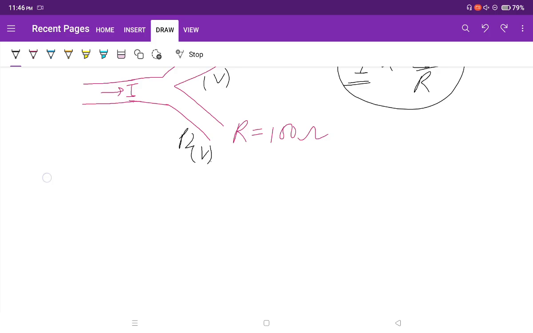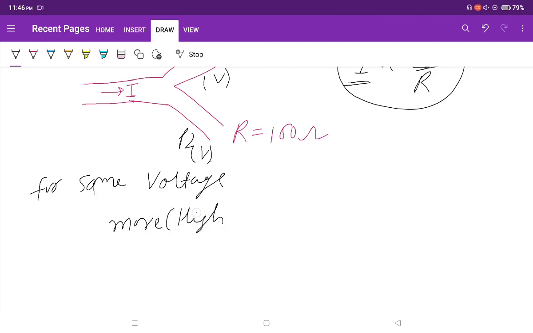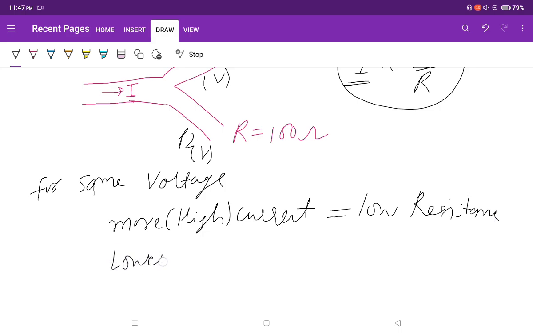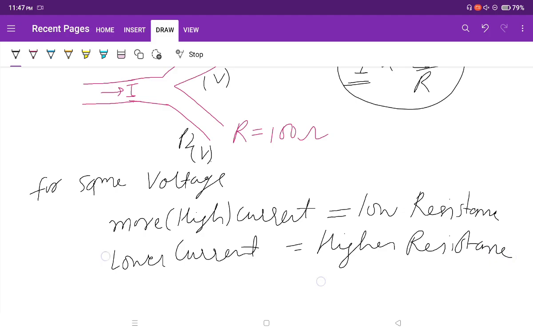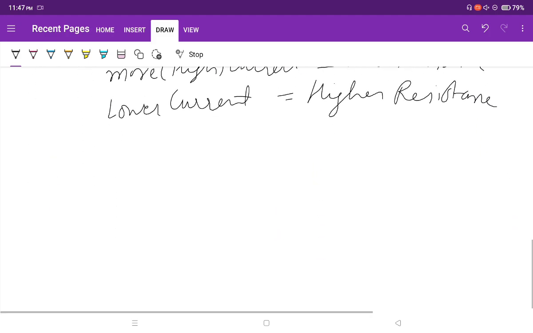So for the same voltage, we have higher current for low resistance and lower current for higher resistance.